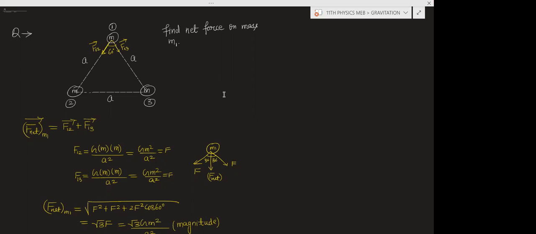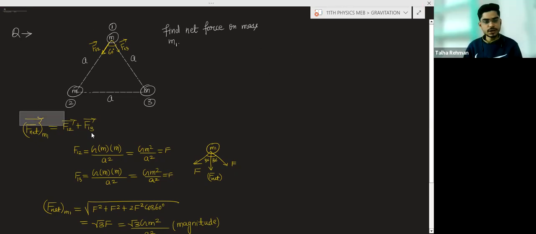Where do we use the superposition principle in this? We have used the superposition principle because if there is this mass and only this mass, and no other mass, then you can find the force on this mass by G m1 m2 by r square.